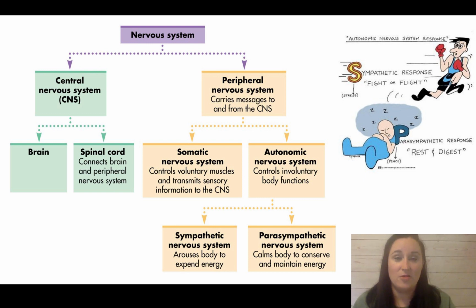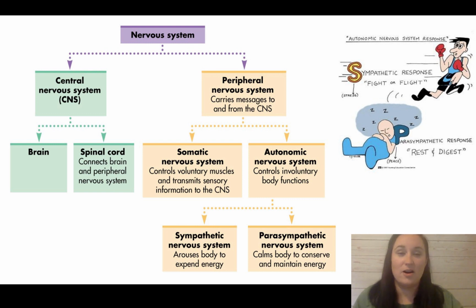The autonomic breaks down into 2 other parts. Those automatic things are 2 different parts. There is the sympathetic and the parasympathetic. The sympathetic is our fight or flight mode. When the sympathetic kicks in, we are stressed.